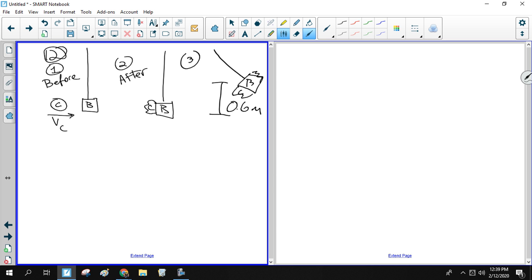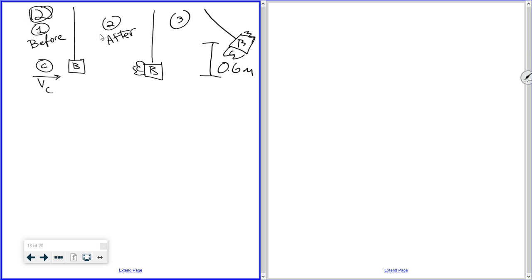All right, so first of all, do we understand the 3 drawings? Are there any questions about what's happening in each of the 3 drawings? Does it make sense why I chose those 3 points to focus on? Okay, so here's the deal.